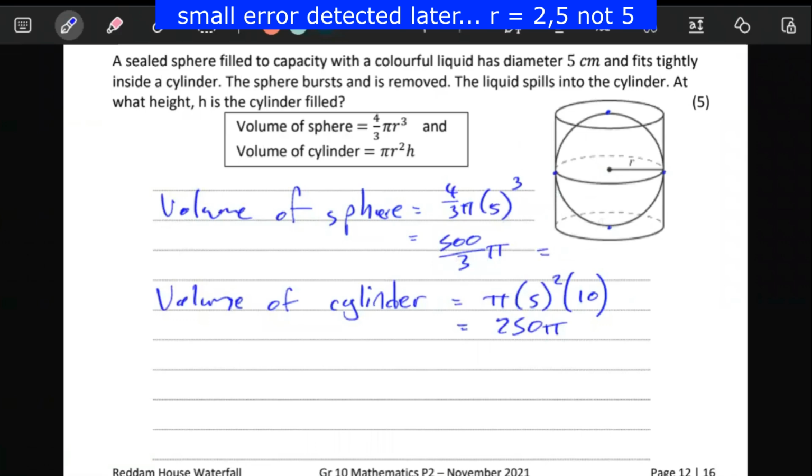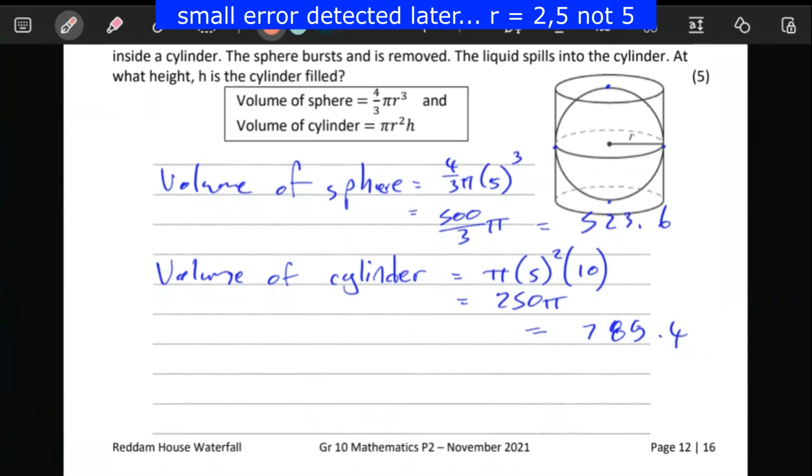So let's just see what this is as a decimal, so that you can almost get an idea of visually how this is going to look. This number is around 523.6. This number here, 250 pi, is around 785.4.